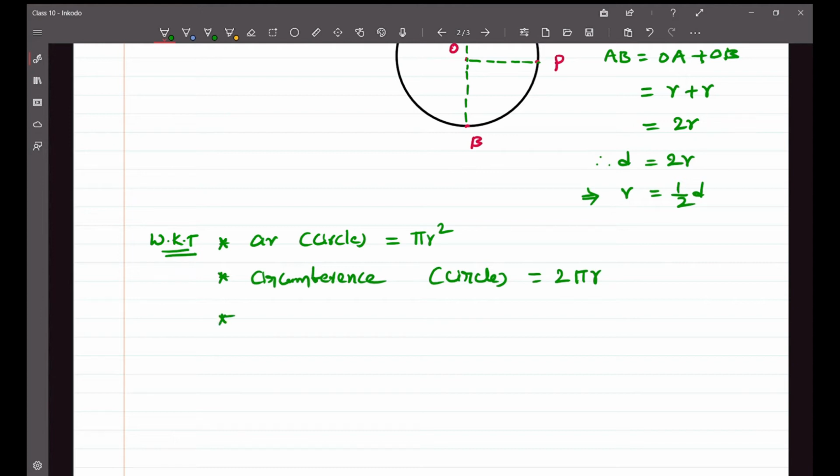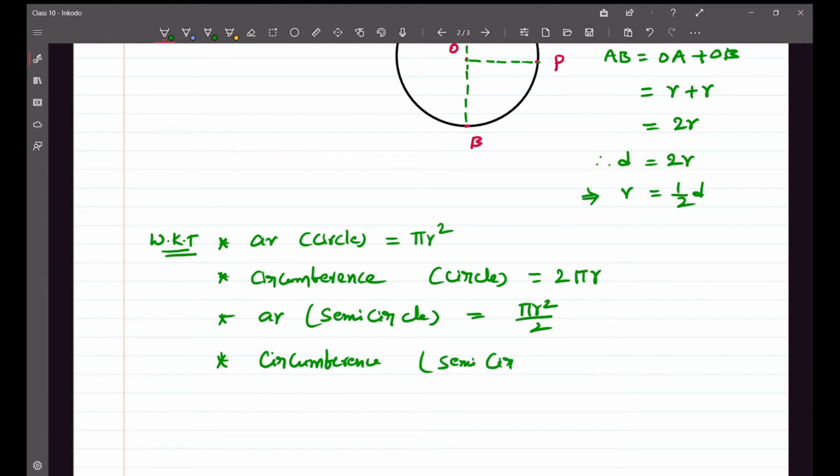Next, area of semicircle is equal to half of the area of circle, that is pi r square by 2. Next, circumference of semicircle is equal to half of the circumference of circle.